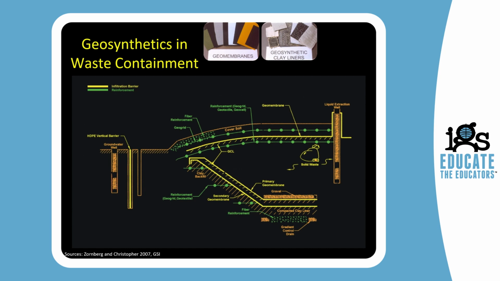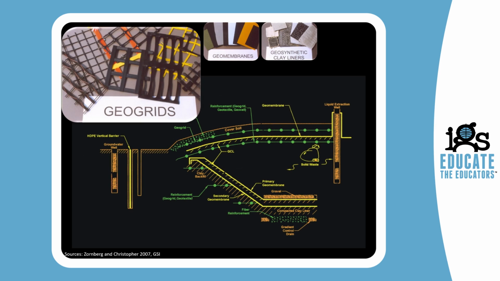There is also a geosynthetic reinforcement under the liner, and this is for a different reason. The presence of this geosynthetic is to limit the straining in the liner. Also illustrated in this sketch are reinforcements in the side slopes and in the bottom of the waste containment facility. Geogrids are a type of geosynthetic that provides the reinforcement function in this case.